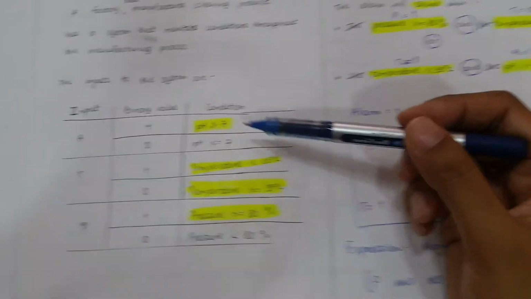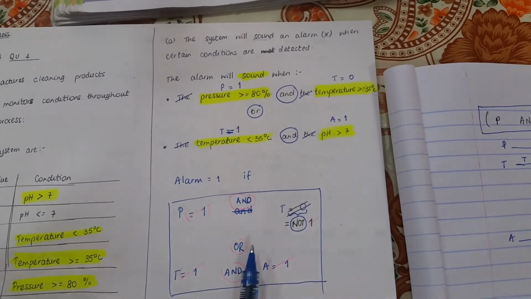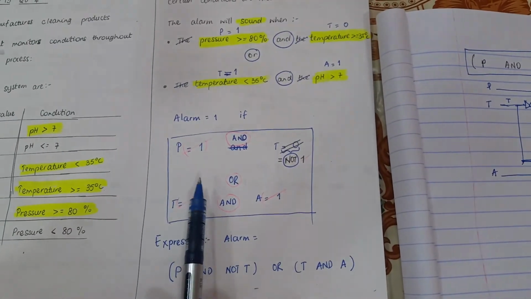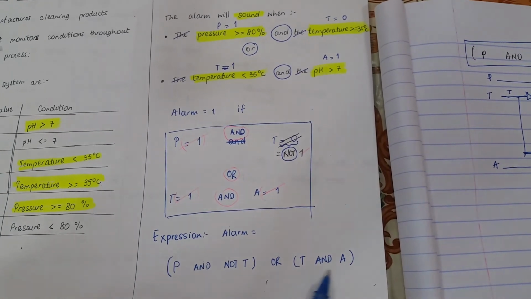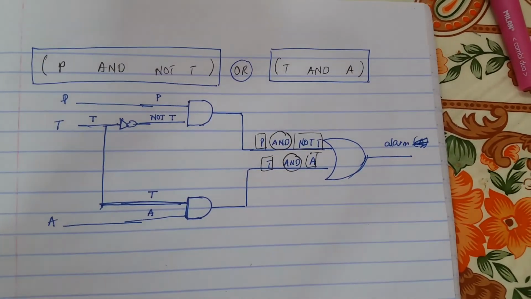It depends on which conditions are put here. Then you build that expression, and then you remove the equal to 1. You will get your expression. Then from the expression, you can build your logic gate. Voilà.